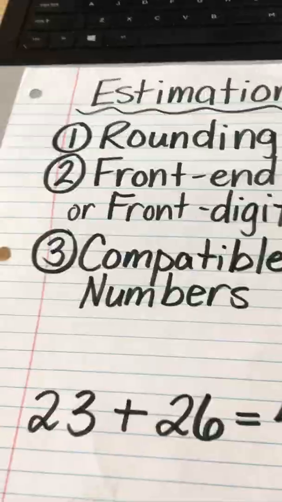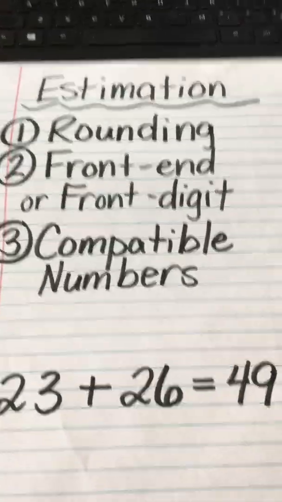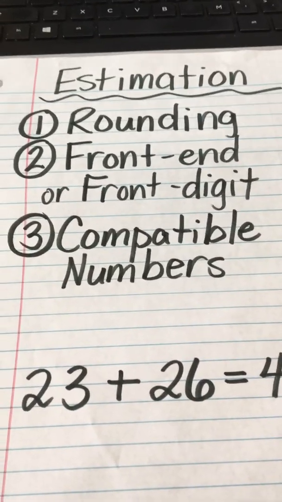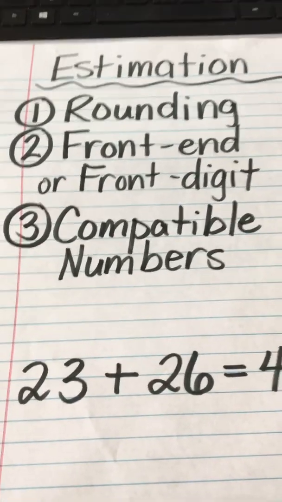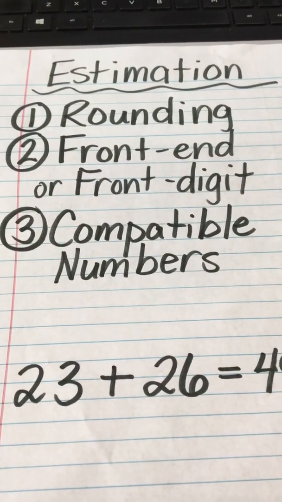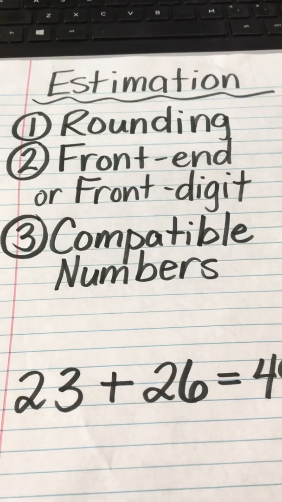Today I'm going to teach you guys how to tell the difference between the three different kinds of estimation. So let's look at it together. Alrighty. The three kinds of estimation are rounding, front-end estimation, sometimes it's called front digit estimation. Sometimes in accelerated math they'll even say solve this problem using front digits.